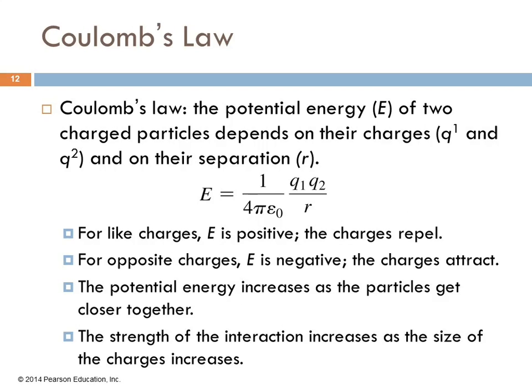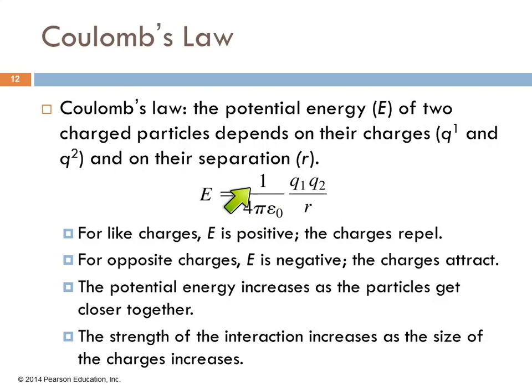Then we have to talk about charge interactions. Coulomb's law, again, with the physics. Coulomb's law states that the potential energy of 2 charged particles depends on their charges, Q1 and Q2, and on their separation, which is R, the distance between them.